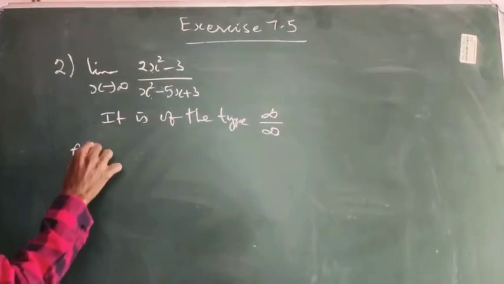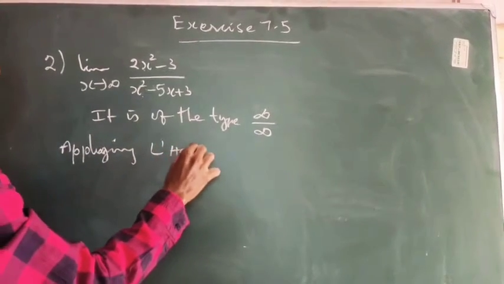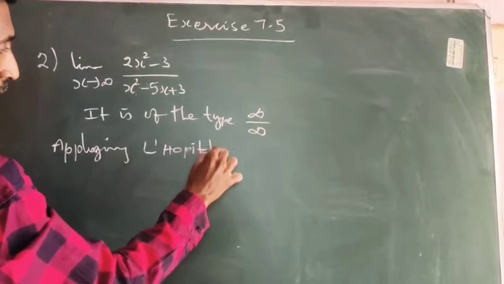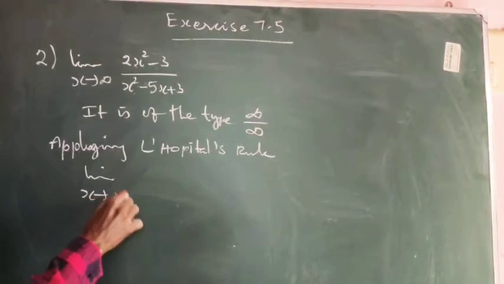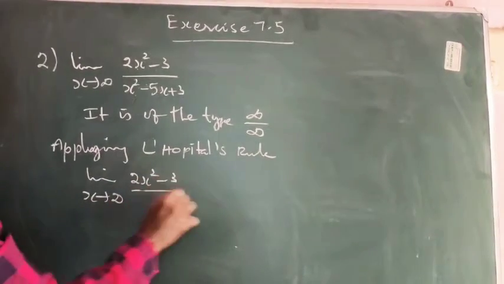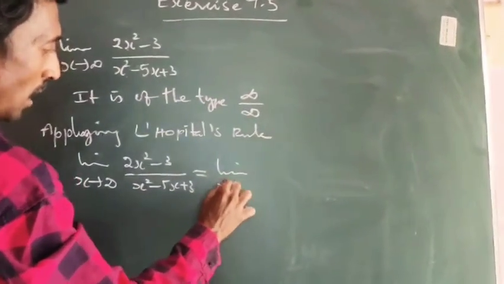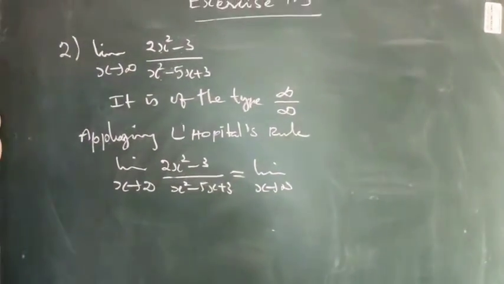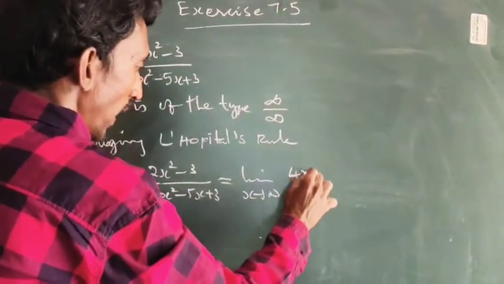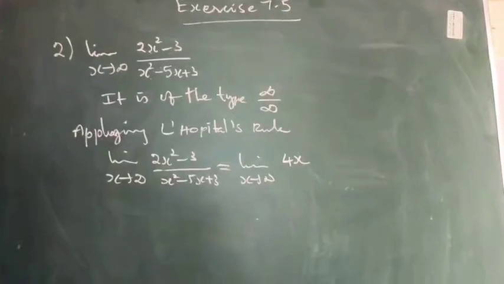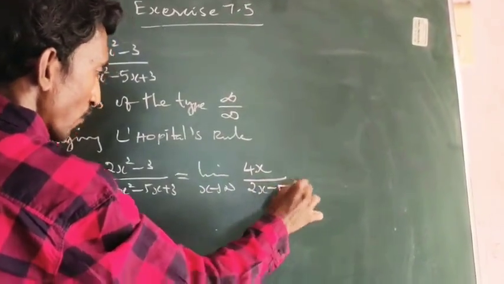So using L'Hopital's rule, limit x tends to infinity, (2x square minus 3) by (x square minus 5x plus 3) is equal to limit x tends to infinity. Find out the derivative of numerator and denominator separately. So 4x, the derivative of the numerator, by 2x minus 5.